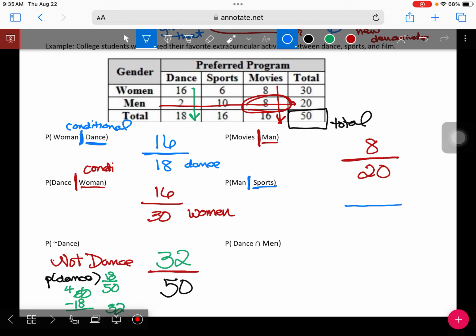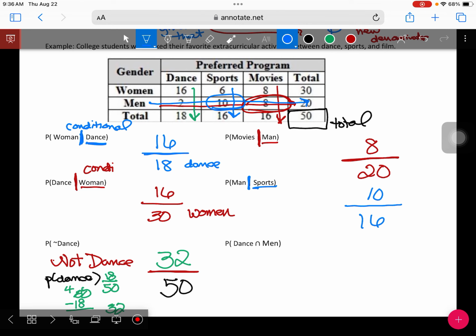What is it going to be, class? 16, because you look at all of sports, and then you look where the men are. So the men who are part of sports, where did they cross? Should be 10. How many had 10 out of 16? Nice. Are you guys just not raising your hand, or you didn't get it? Or you didn't do it? You got it? Okay. Charles, does that make sense?